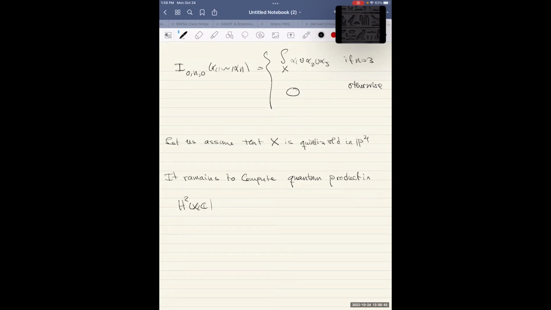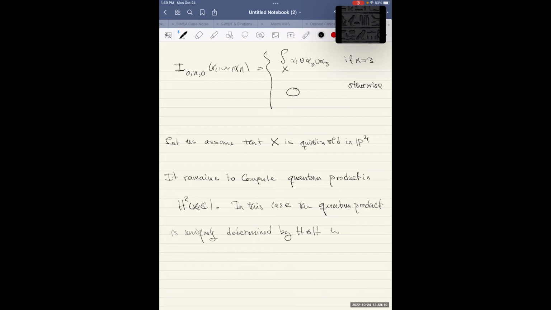Yes. So in this case, because they are all divisor classes, the quantum product is uniquely determined by H quantum product H. That's the codimension 2.